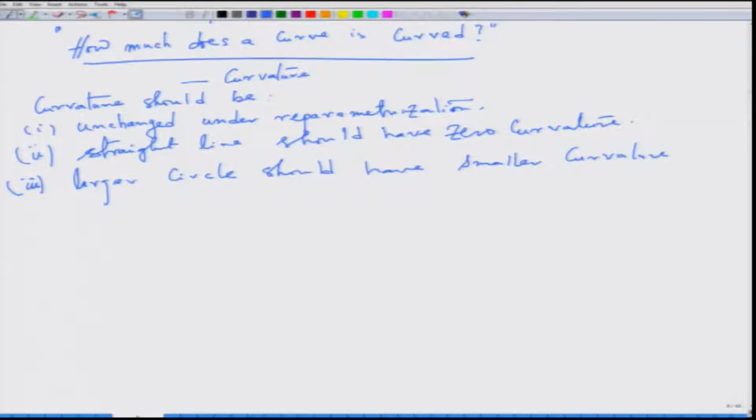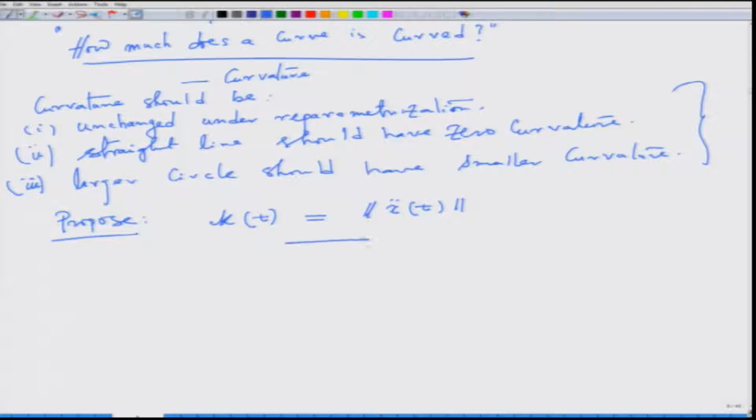Now, suppose I start thinking about a quantity about a curve which satisfies all these three, then perhaps I should be proposing for curvature a quantity k(t), which is the rate of change of speed and its absolute value.